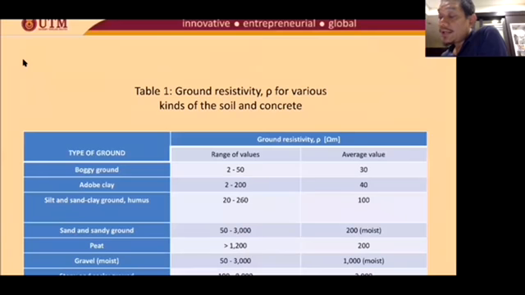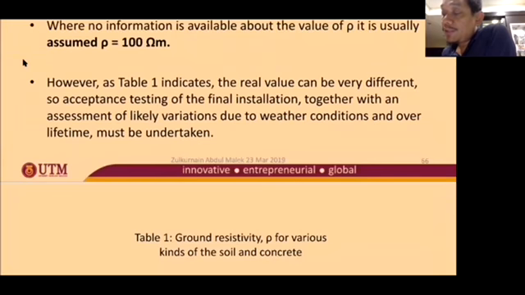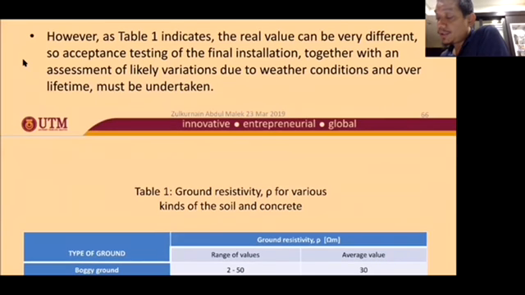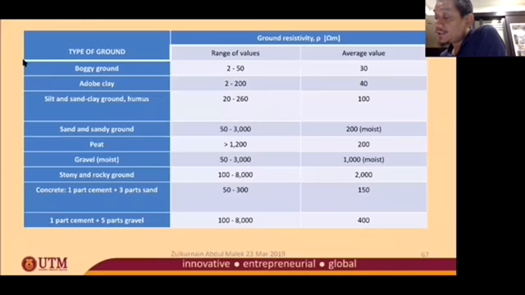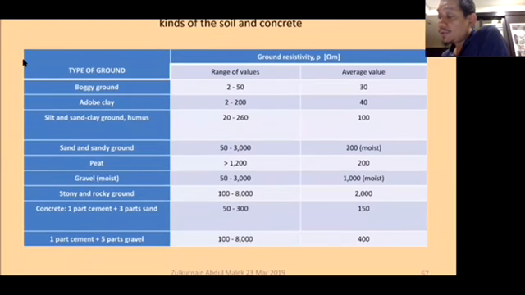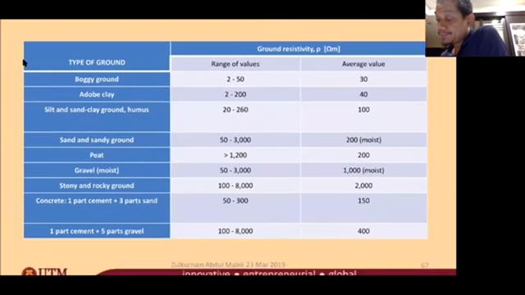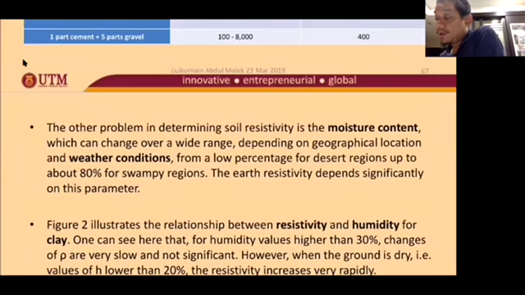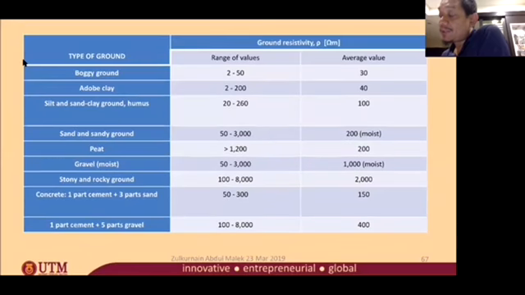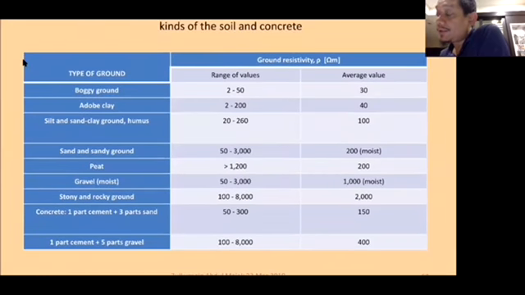Okay, when you design, if you don't have any information about rho, you can use this. Rho equal to 100 ohm meter. Okay, this is a table again for your resistivity. Now this is the correct one, ohm meter. Yeah, I think the previous one is correct. The previous table is correct because it's ohm centimeter.